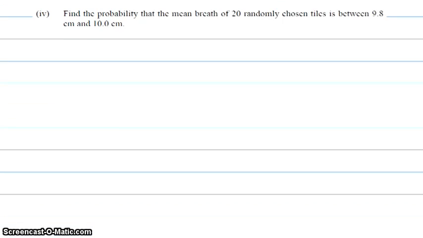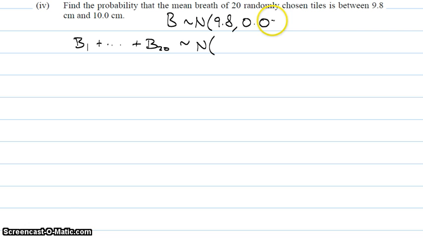Last one: find the probability that the mean breadth of 20 randomly chosen tiles is between 9.8 and 10 centimeters. This is a little bit tricky. We start by looking at the distribution of the sum of 20 randomly chosen tiles. This will be normally distributed, and remember B has a normal distribution with mean 9.8, variance 0.01.